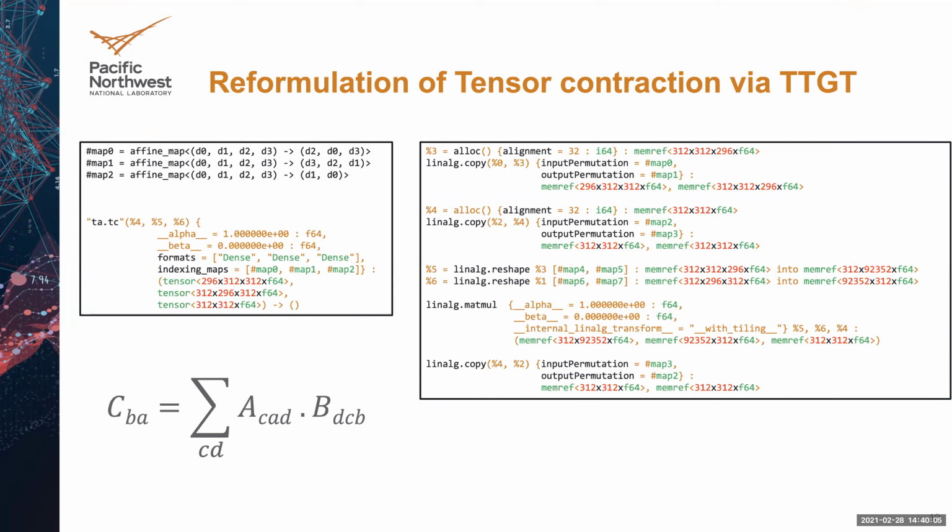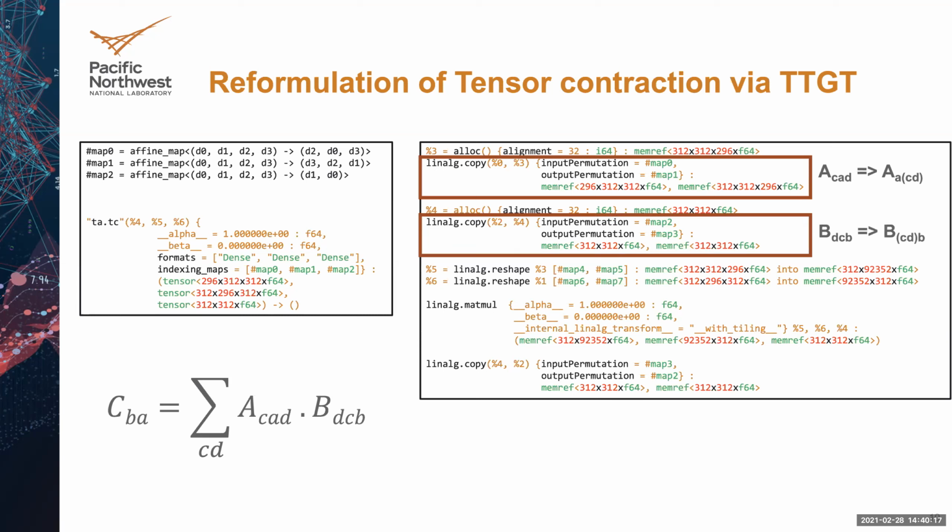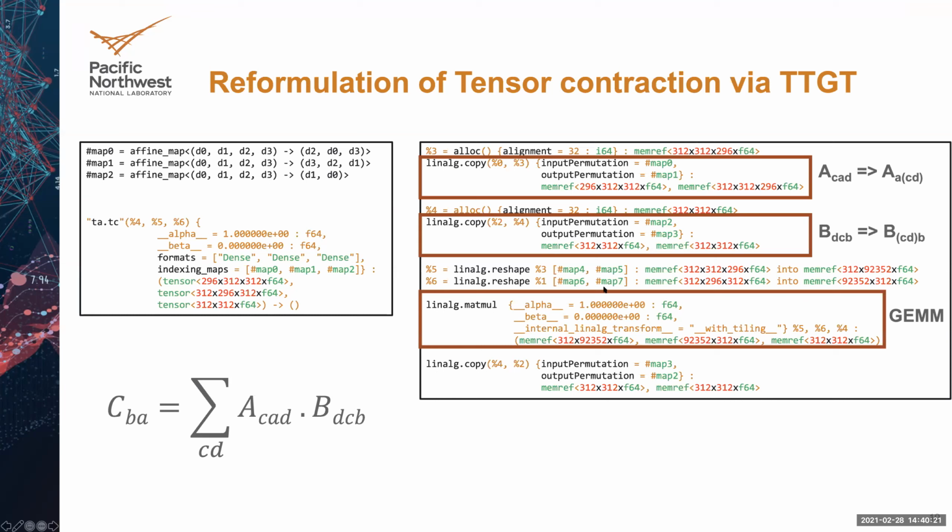This example is a very simple one, and it shows that we transpose the first tensor and convert it into two dimensions, and the second tensor as well. Then there is a reshape operation in the middle, as we are moving from three dimensions to two dimensions. In the linear algebra dialect, we have the GEMM operation and the final transpose for the final output.